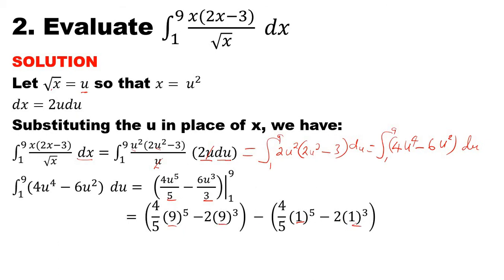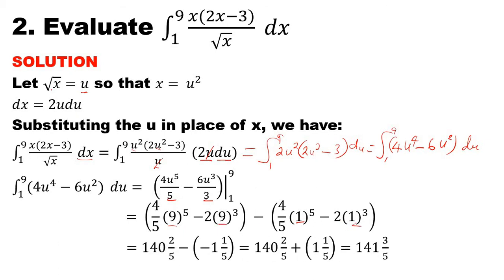Do your normal arithmetic, and then you have your final answer to be 141 and 3 over 5. So that is it for this integral. Alright, we'll go to question number 3.